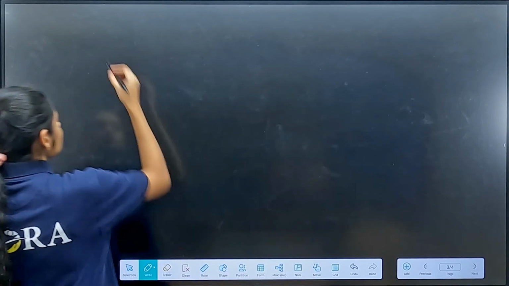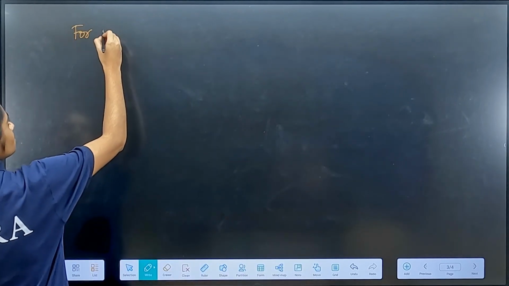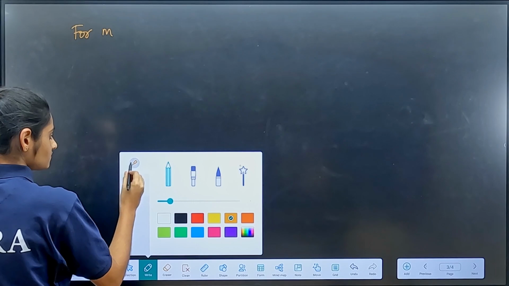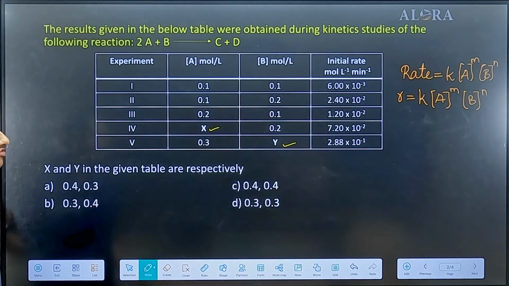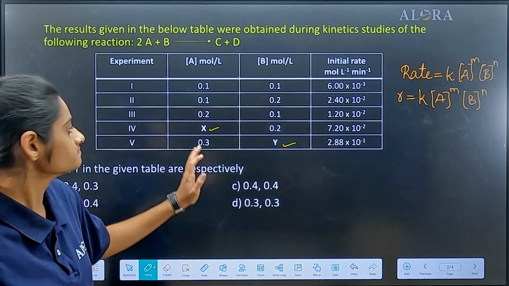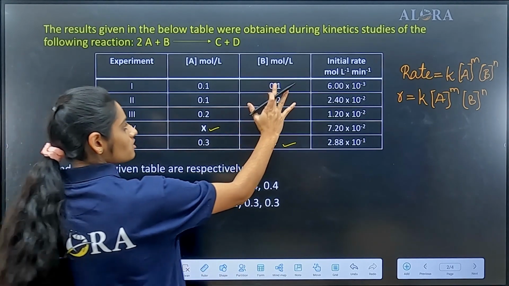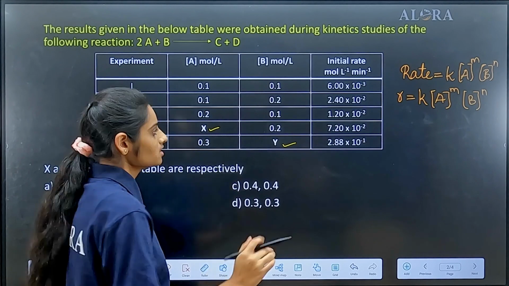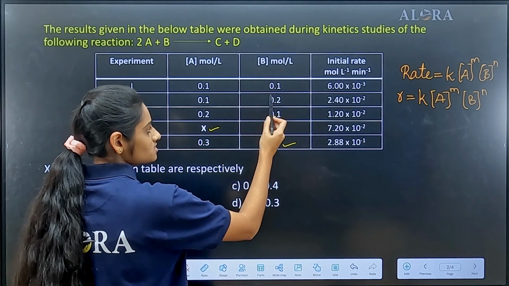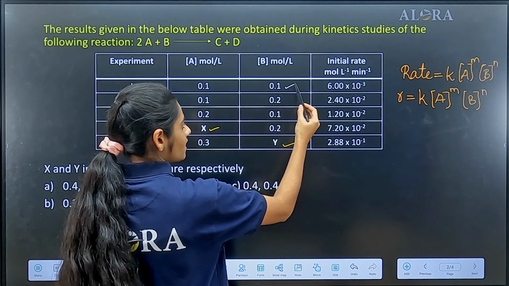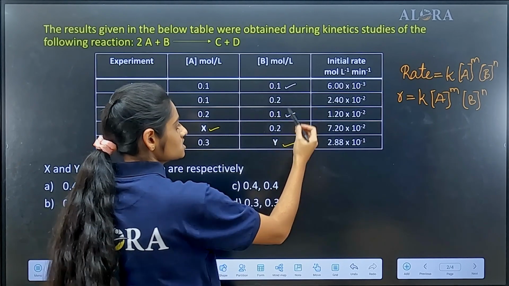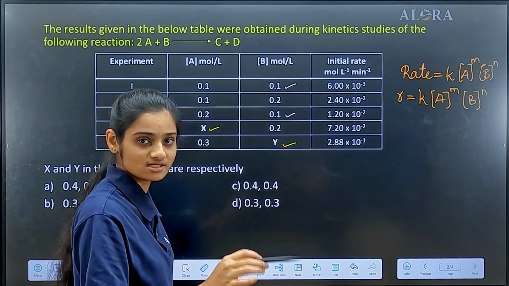So for order M and order N, what do we have to do? According to the experimental data, to find out the order of A, we have to keep the concentration of B constant. So let us see where the concentrations are constant. Here, in experiment 1 and experiment 3, the concentrations of B are equal, that is, they are constant, with no change.